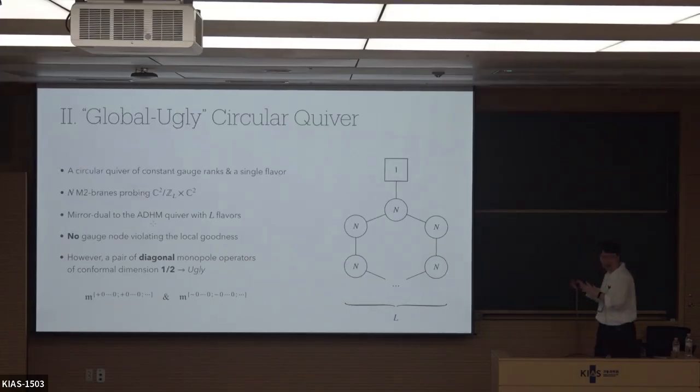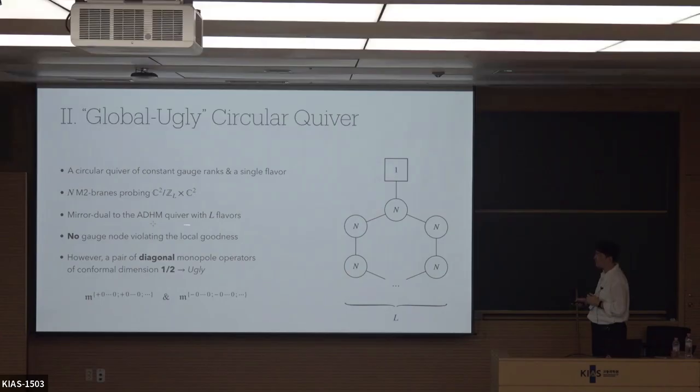Now let's move on to the global ugly and global bad theories. The next example is this one. Unlike the previous example, I removed all the flavors except one. This theory describes the M2 brane probing C^2/Z_L times C^2, which is one of the examples Nagu was considering.